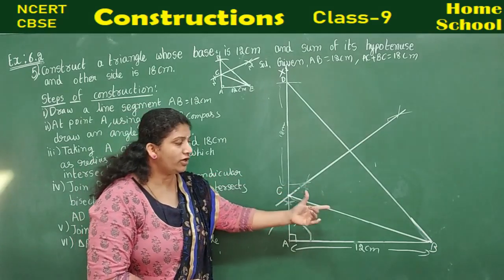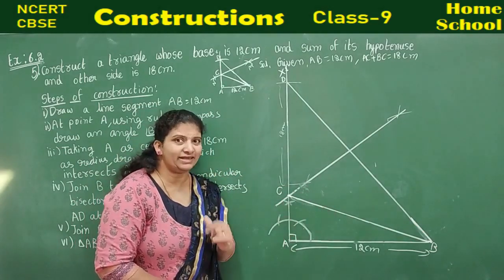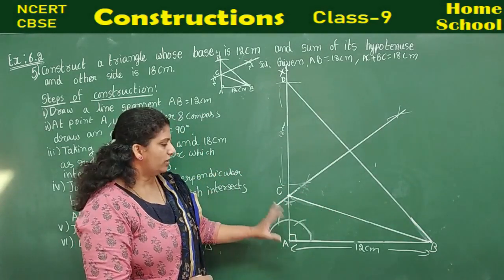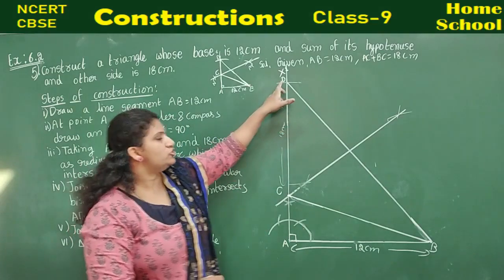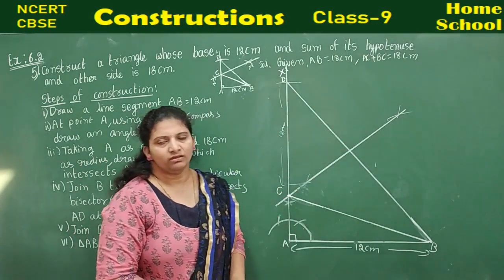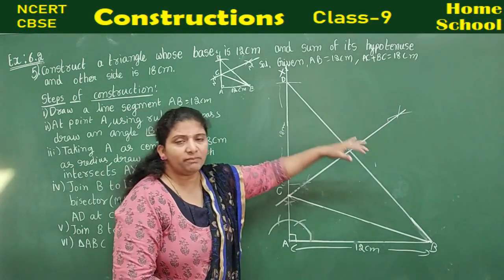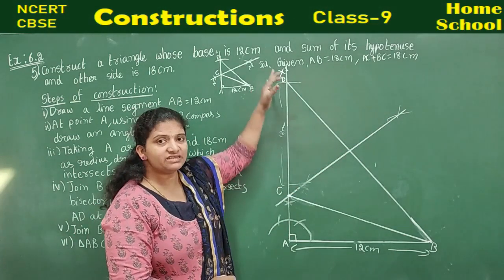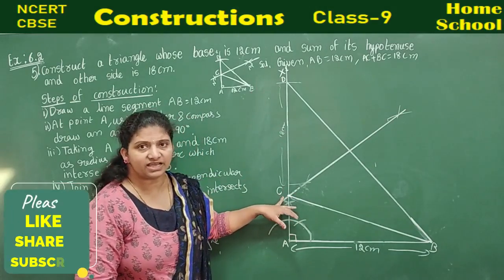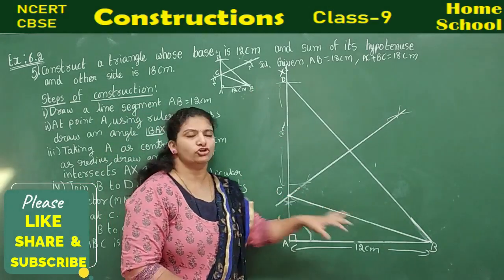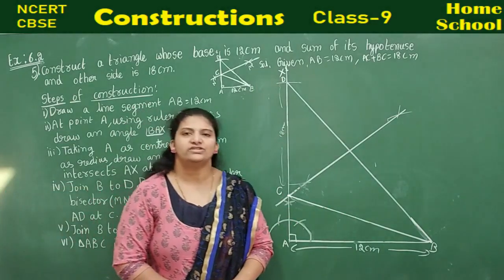If you take a scale and measure BC and AC, the sum will be 18 centimeters. Now from A, 18 centimeters, cut the arc. Join BD. Now do the perpendicular bisector of BD. Where the perpendicular bisector touches AX, mark that point as C. And finally, join BC. Therefore, ABC is the required triangle.